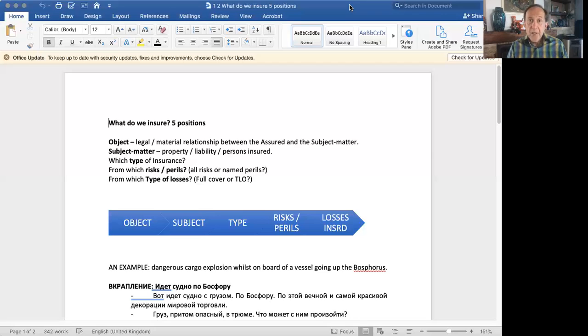Position number three: actually, the explosion was so big that the vessel deviated and hit the embankment or some shallow place in the Bosphorus. There are quite a few of them, and the vessel had to be refloated. Yes, she was kept more or less seaworthy, but probably the chief mate got afraid of the explosion and the helmsman pulled in the wrong direction. Anyway, we're talking about refloating the vessel.